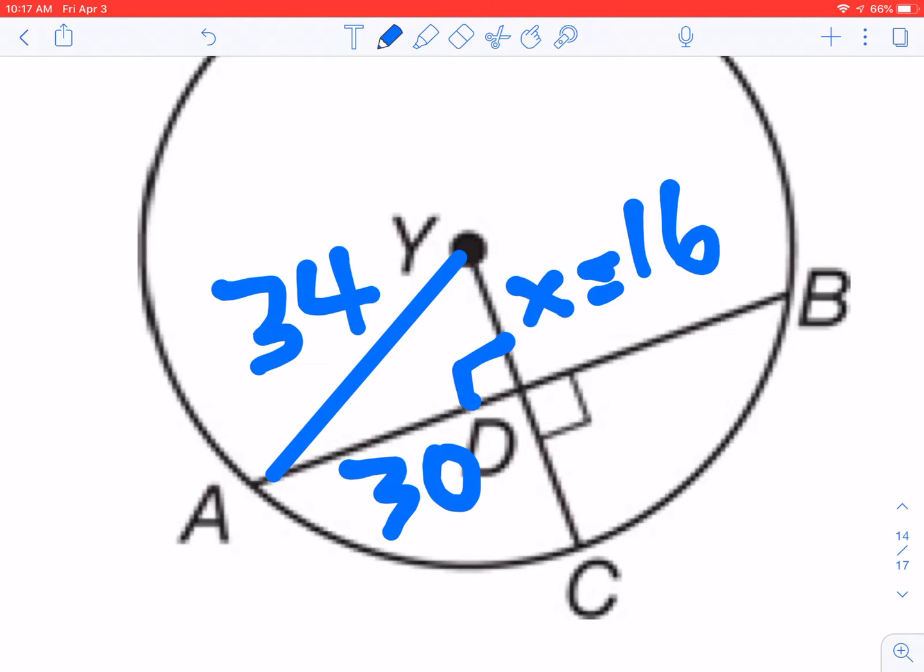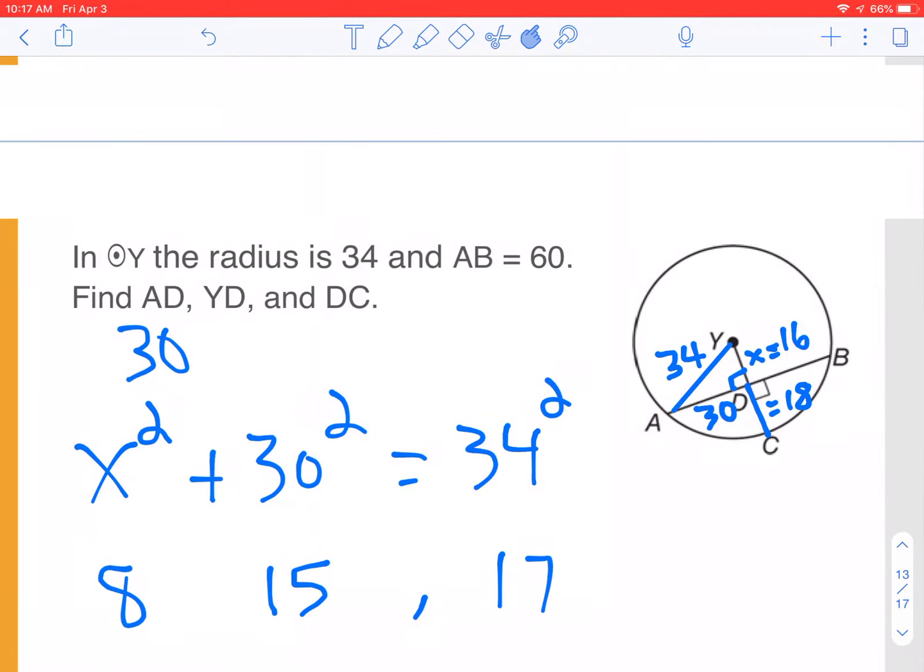And then I'm trying to also find DC. So that's part of the radius, right? So I'm going to do 34 minus 16, and this will equal 18. So DC is 18. We'll zoom out. DC is 18. YD is 16. AD is 30.